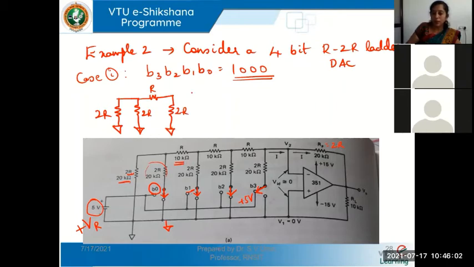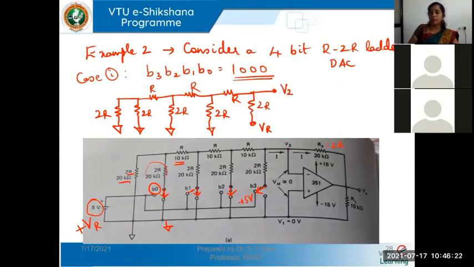Then you have another R. Then you have 2R again grounded, this resistor. And then I have this R and a 2R here which is connected to Vr. This 2R is connected to Vr and this acts as the inverting input V2.